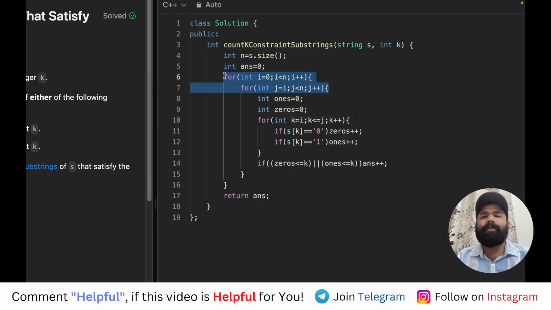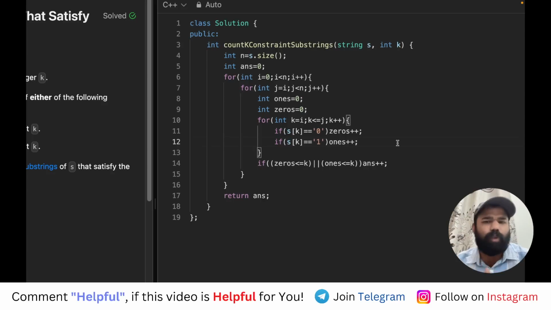These both loops consider my subarray from i to j, and in every subarray from i to j, I'm checking how many zeros and how many ones there are. By the way, using prefix sum you can also do it in O(n square) time complexity, but that doesn't matter. Even n cube and n square both will work here, so I just used n cube.